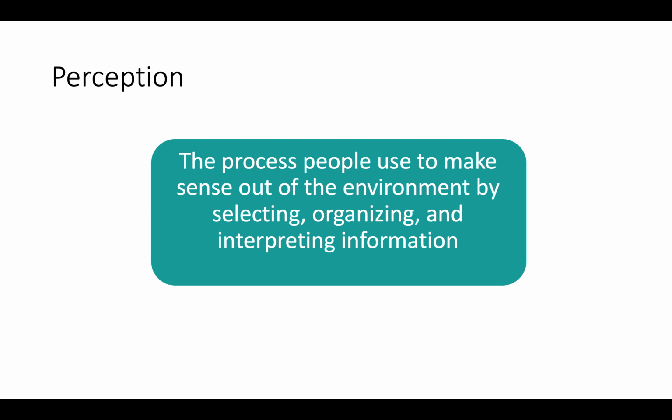And really, perception is a very subjective process. For instance, when 9/11 occurred, here we looked at it as a cowardly, awful, tragic event in our history, and we perceived it as such.